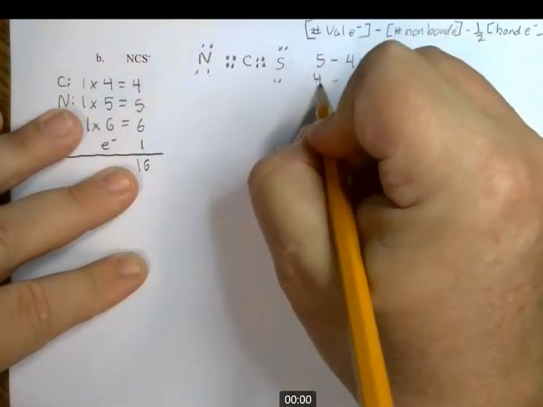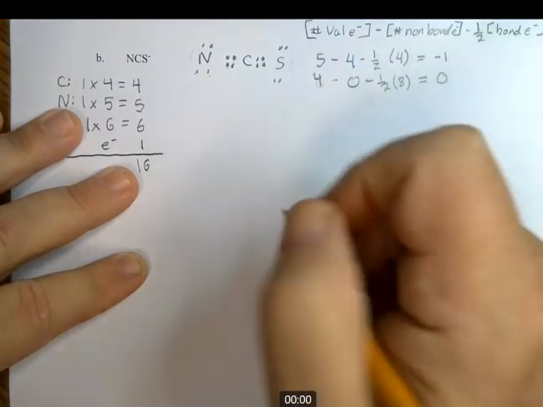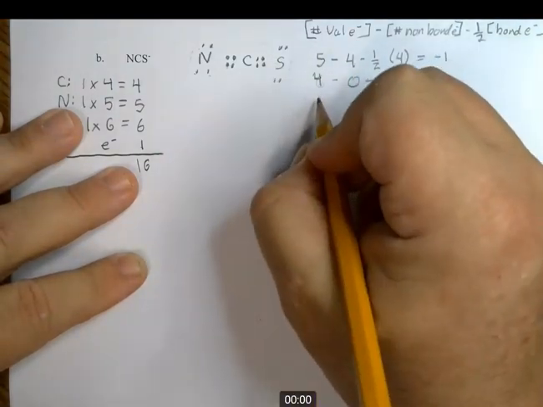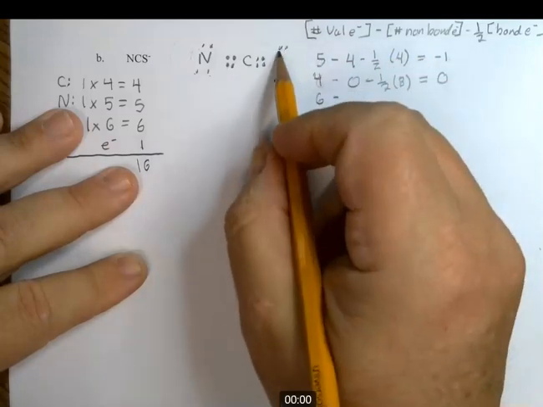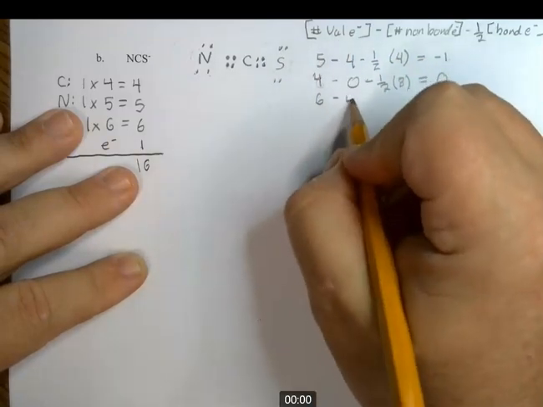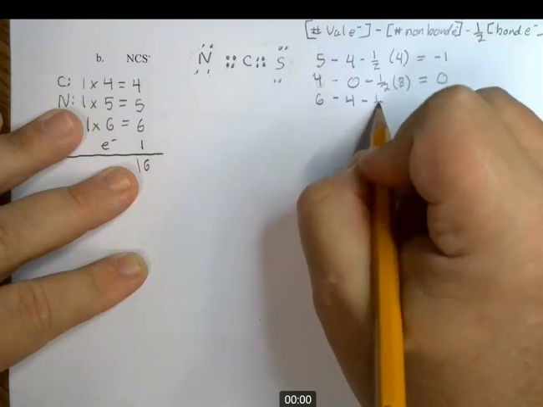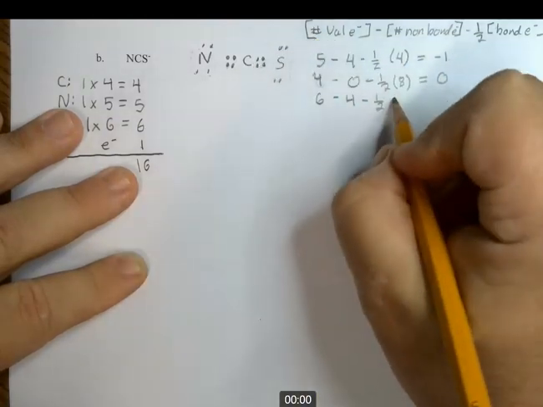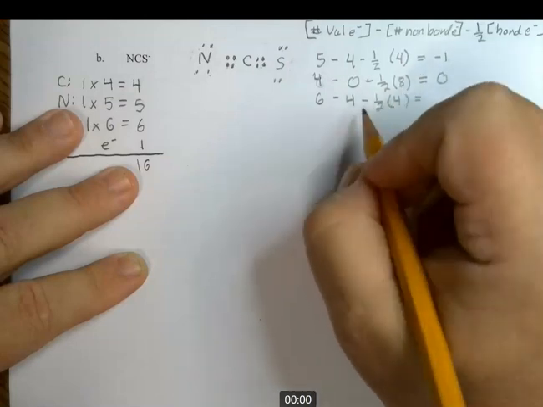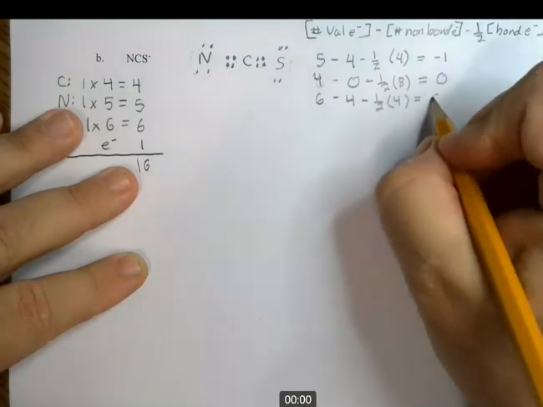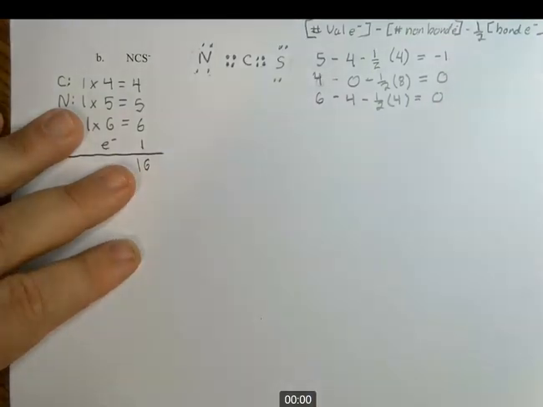So 4 minus 1/2 of 8 is 4, is 0. And finally sulfur. And sulfur, that is 6 minus, it has 1, 2, 3, 4 on the outside, 4 electrons, minus 1/2 of 1, 2, 3, 4, half of 4 bonding electrons. And that equals 0. So this is a pretty good configuration right here.